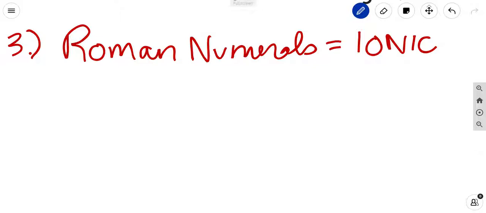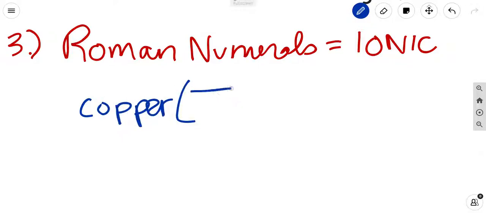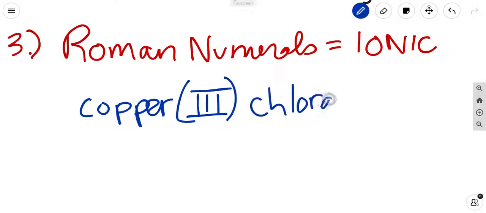What's an example with a Roman numeral? What if we do copper, Roman numeral 3, chlorate? All right, so copper(III) chlorate.